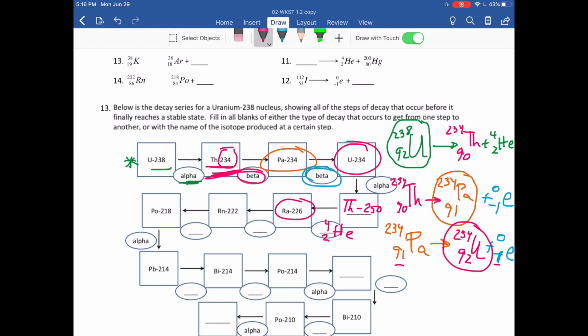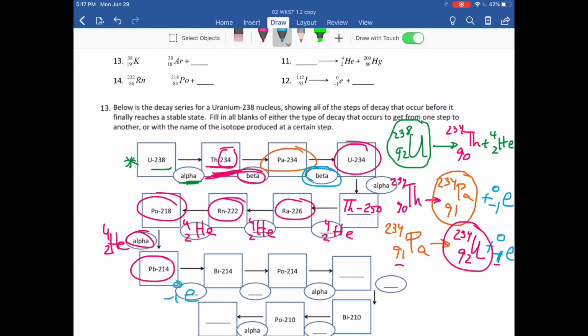Now, this one is going to release another alpha particle to transmutate. Then, another alpha particle has to be released to get polonium. The polonium is going to release an alpha particle, helium, to form the lead-214. The lead-214 is going to release a beta particle, so 0 minus 1 e.